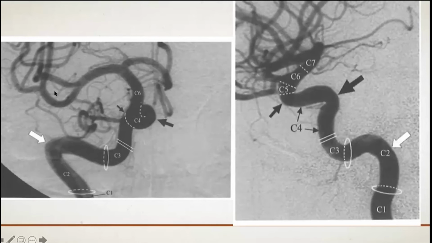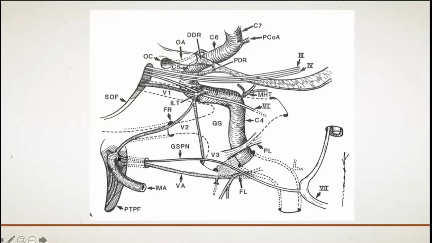And here you see the MCA has a bifurcation. It's another nice image online showing the extensive anastomoses. This is a very complicated picture, but if you just break it down, you can see the ICA here coursing this way. And it labels all the segments.